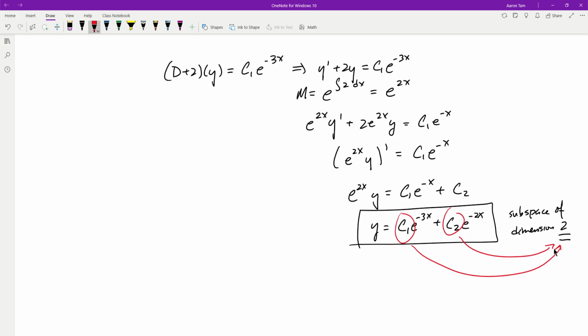And therefore, if you do, let's say, a third order differential equation, then your solution would most likely be a subspace of dimension 3. And then if it's fourth order, it will be dimension 4, and on and on.